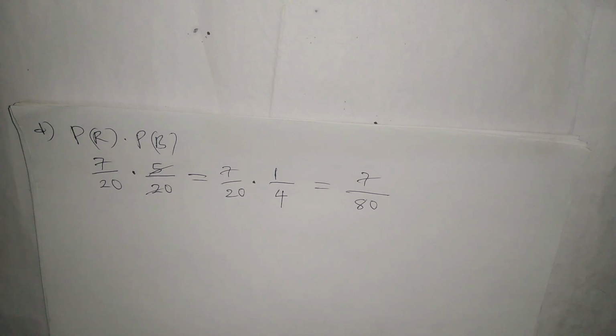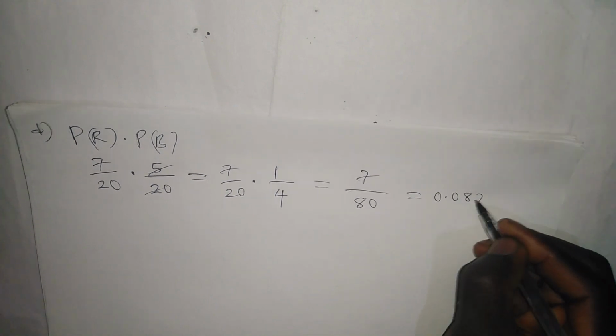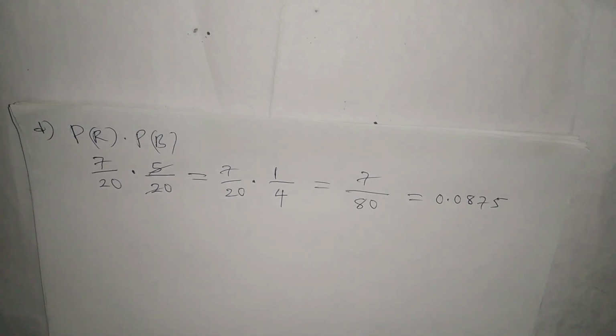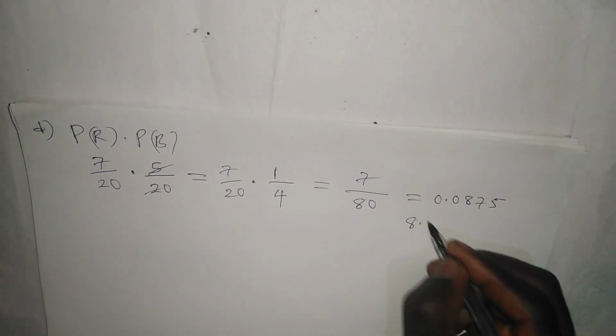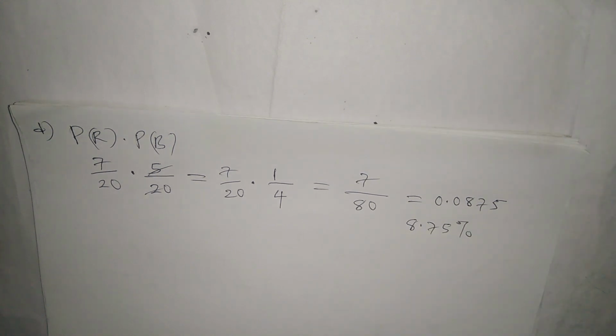So 7 divided by 80 is 0.0875. When you multiply this by 100, what you have is 8.75%. So there's an 8.75% chance of selecting a red then blue marble with replacement.